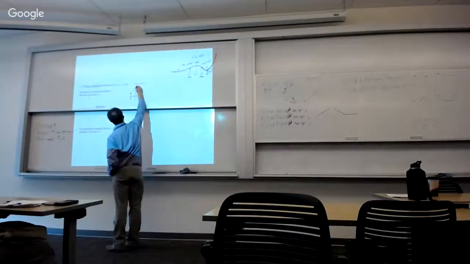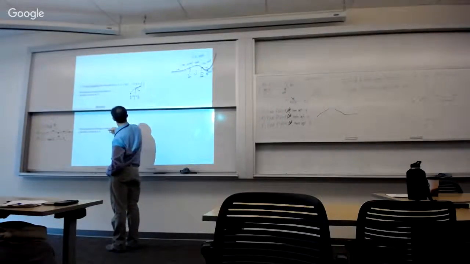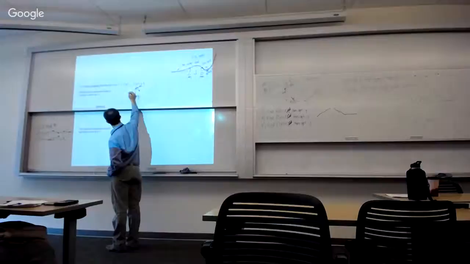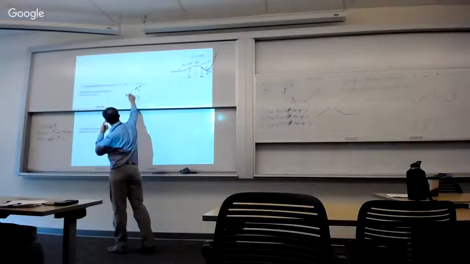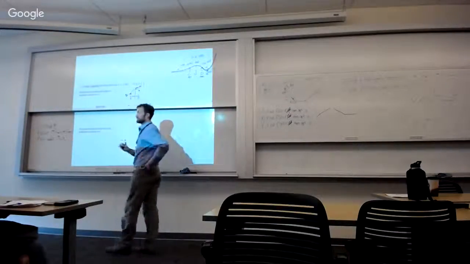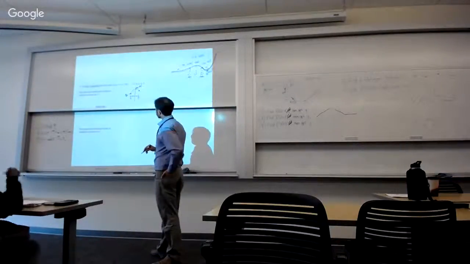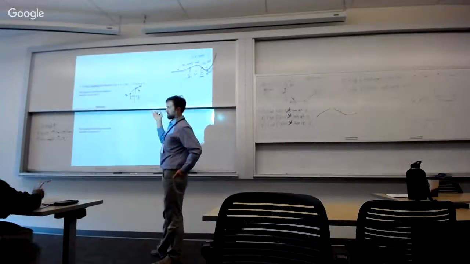Right there, so that's my absolute max. Now, where's my absolute minimum? This thing right here. Okay, so that's my absolute minimum. That's my absolute maximum. That was pretty easy to do because we had a graph.